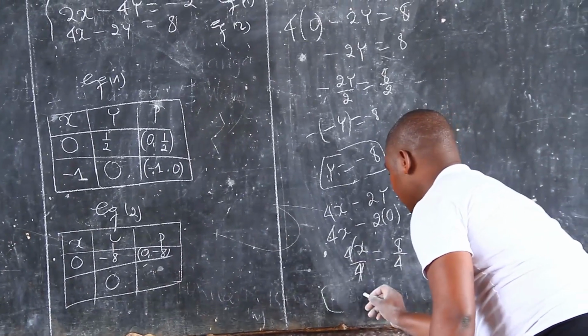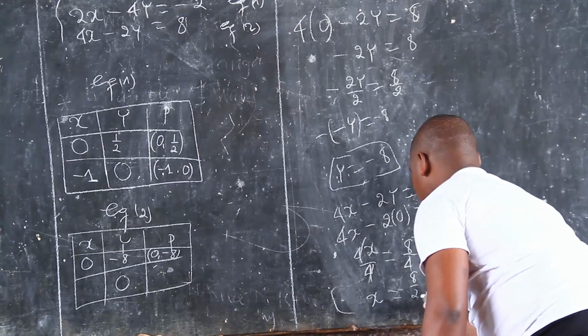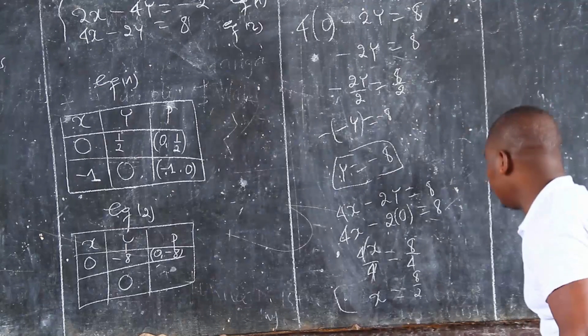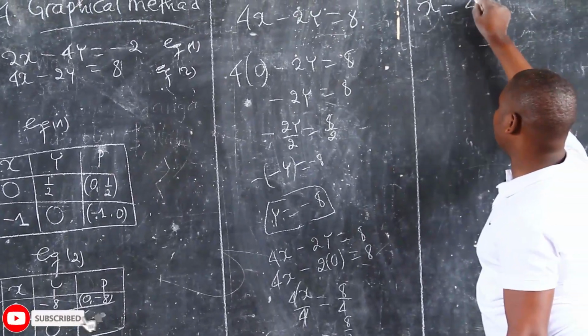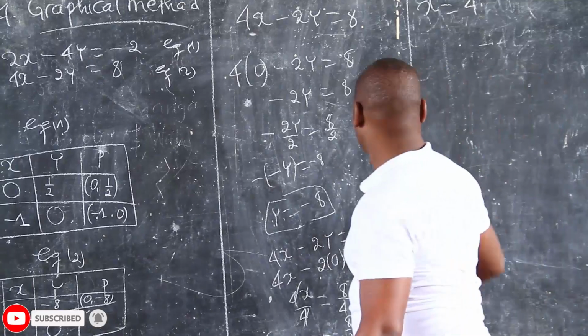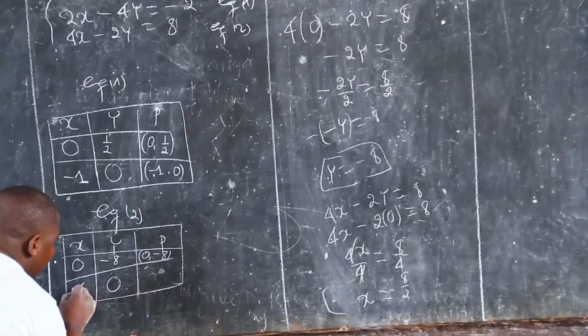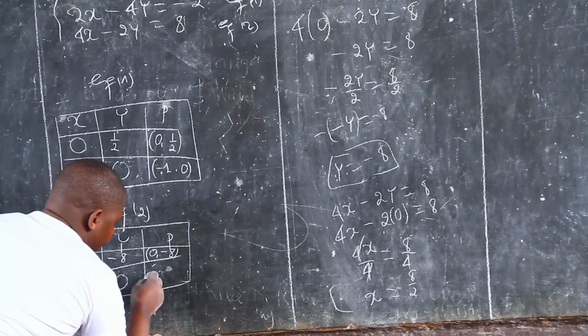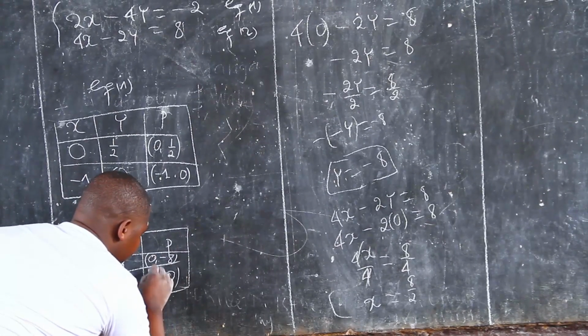I simplify, x equal to 8 over 4. Then x will be equal to 2. Here I have the point equal to 2, 0.